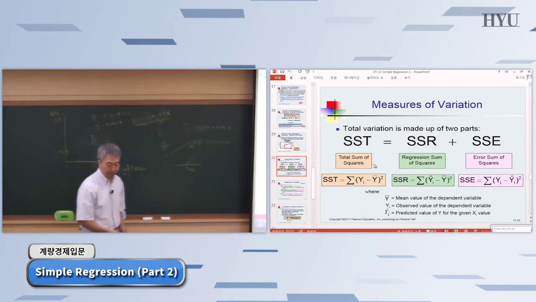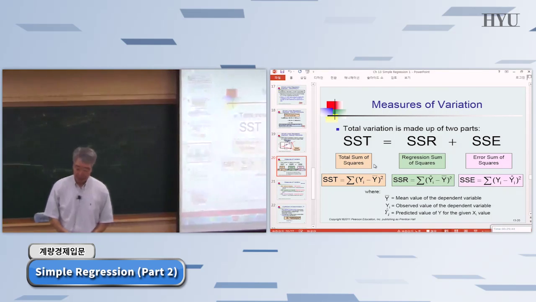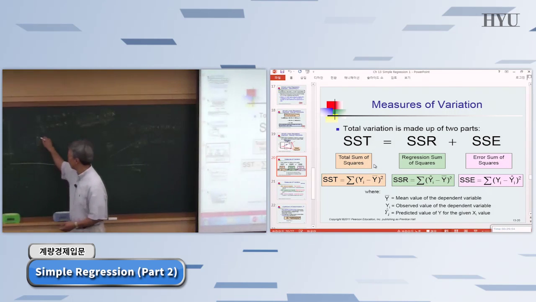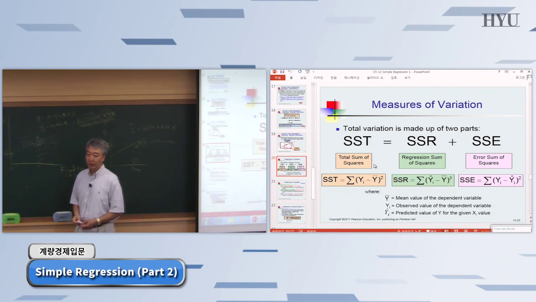Okay? The question is, how much of the total variation in the dependent variable is actually explained by the regression line, right? So, we have all this variation of y values, right? Let's say your regression line explains only 10% of the total variation in y value.